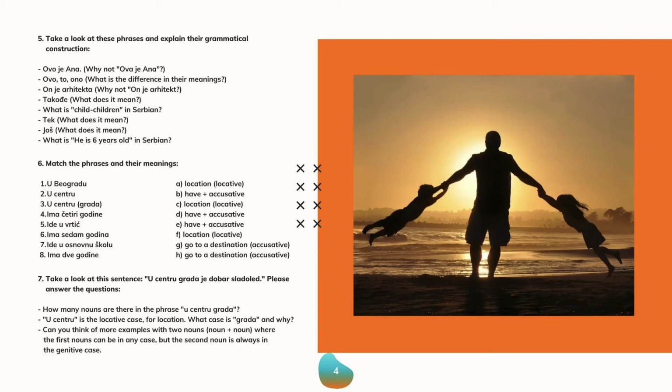The same situation is with number 7, ide u osnovnu školu. 7, h. Then, 8, ima 2 godine. Ima requires the accusative case, however, because 2 godine follows, then godine becomes the genitive case.